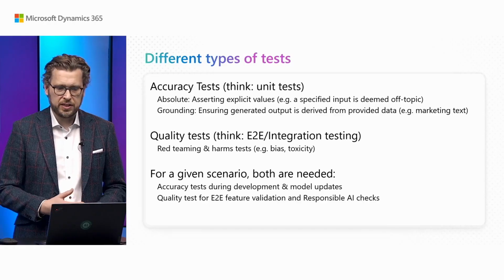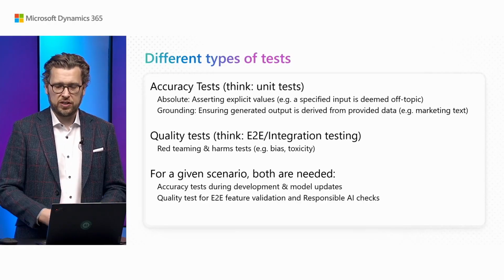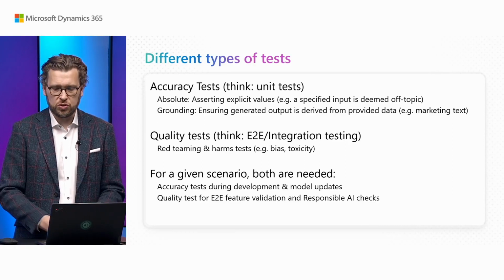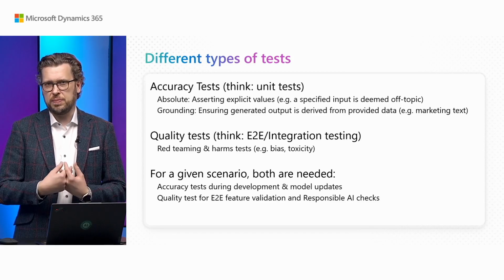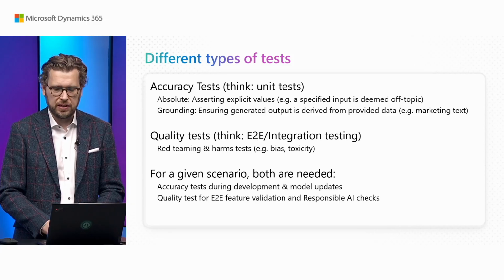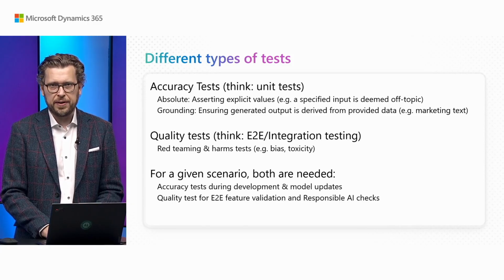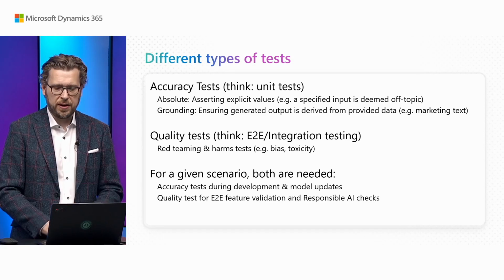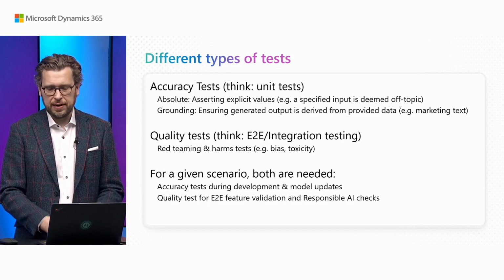Then there's different types of tests that you need to think about, and different circumstances in which you want to run these tests. First, there are tests that you can consider being accuracy tests, or think of them as unit tests in the classic context. They are there to test more atomic parts of your LLM round trips, right?